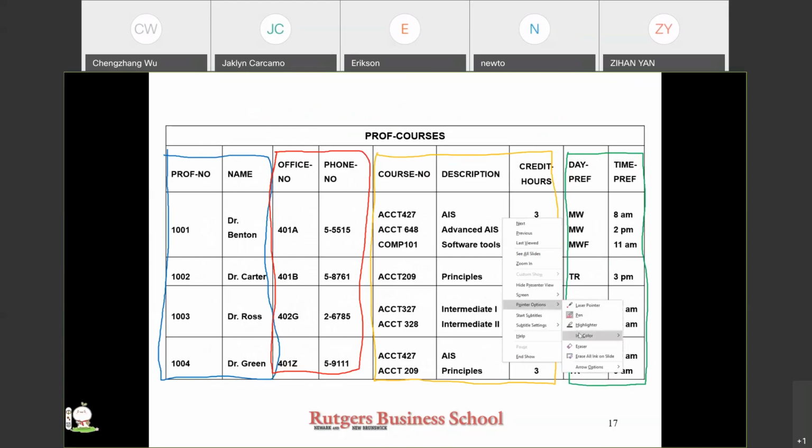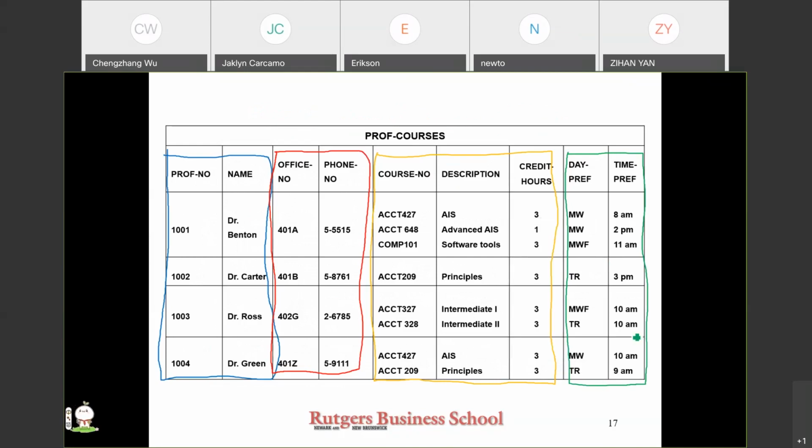So, for example, in this table, we can see repeating groups here, and also here, and here.